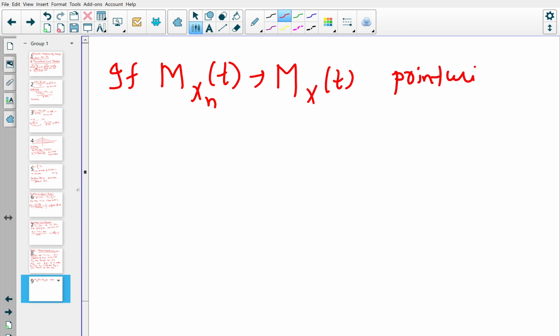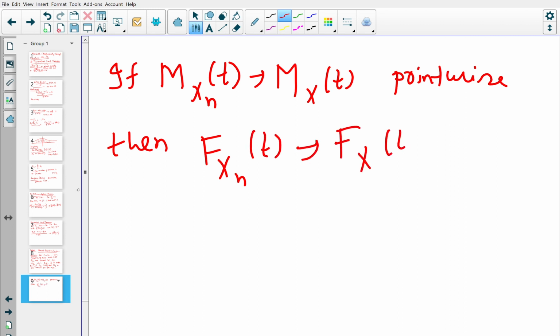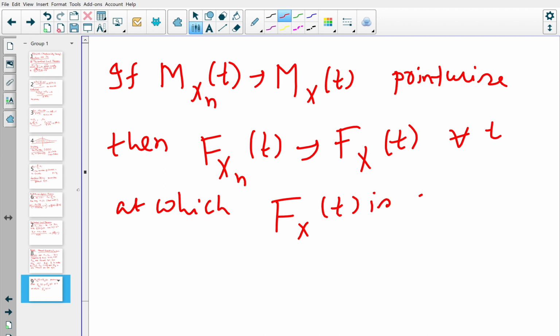That means for each t, the sequence M_{X_n}(t) has a limit M_X(t), and then the distribution function of X_n converges to the distribution function of X pointwise for all t at which F_X(t) is continuous.